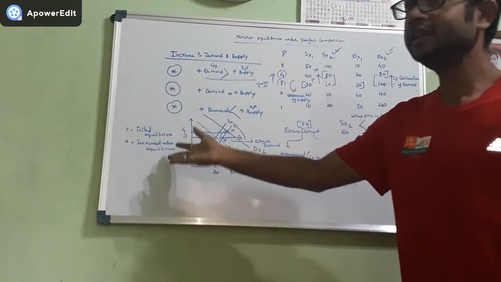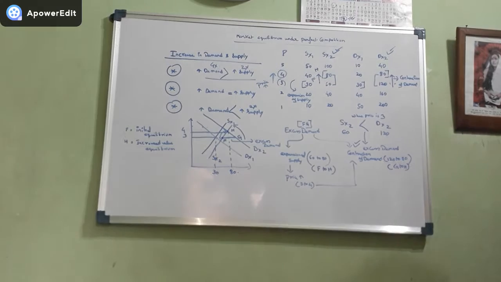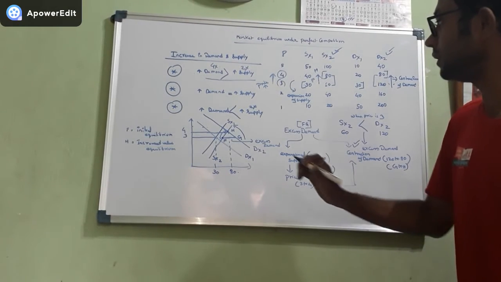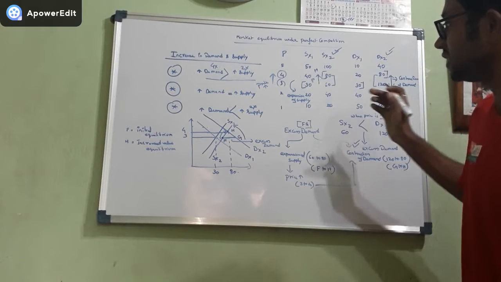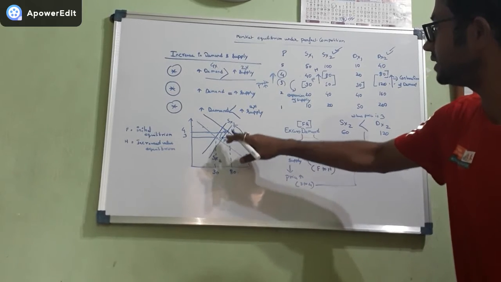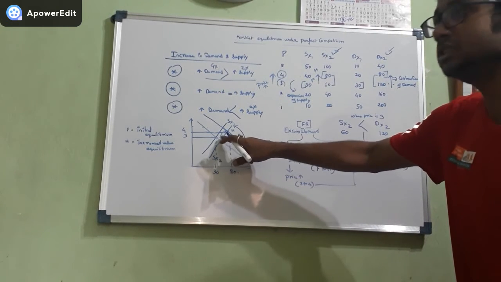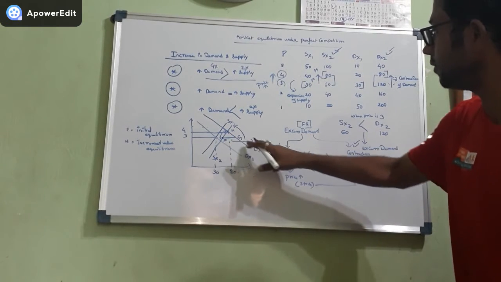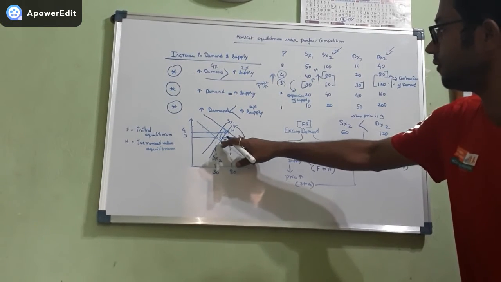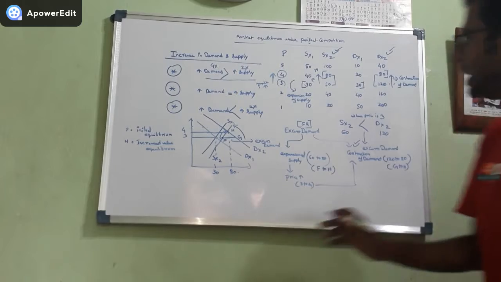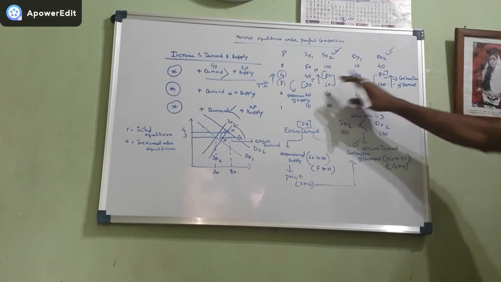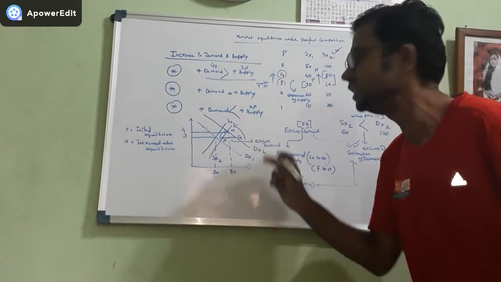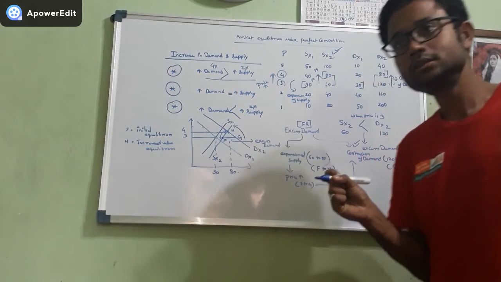Now when we have increased the value, the equilibrium is at H. Now if we compare it with Sx2, this is the point of Sx2, and this is the point of Dx2. So F and G is your excess demand. Here graphically we have represented 60 and 120 as your excess demand. So here F to G is your excess demand.